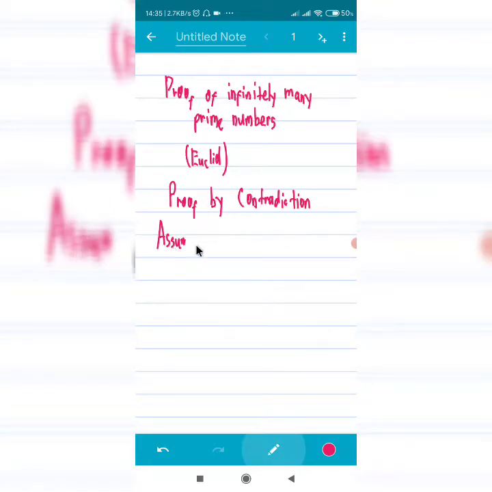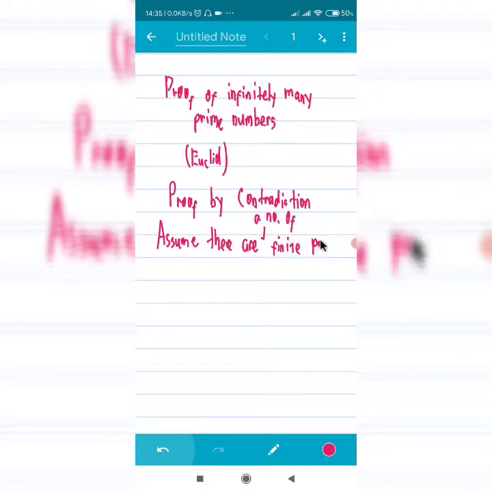Assume there are a finite number of prime numbers. The opposite of infinitely many is finite.